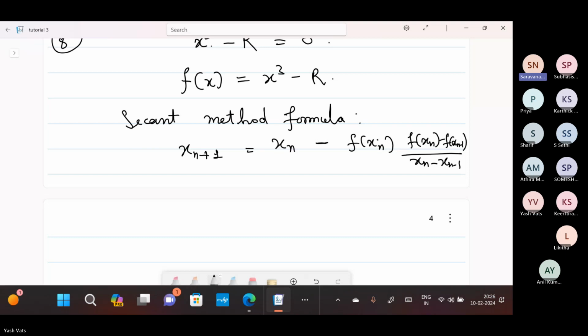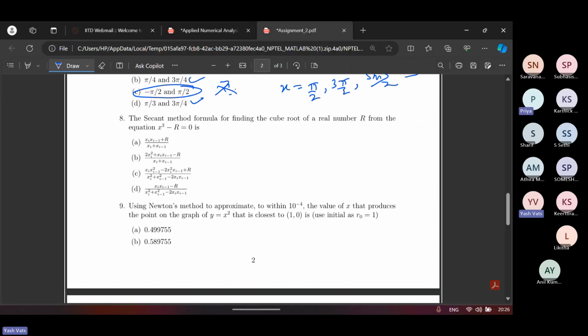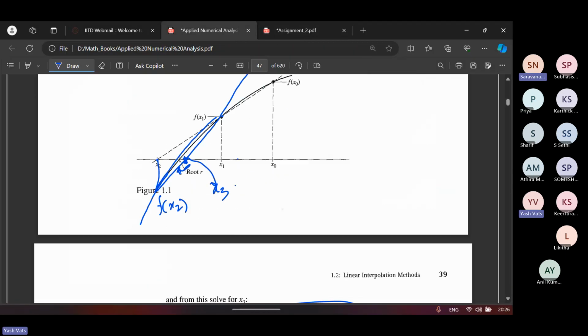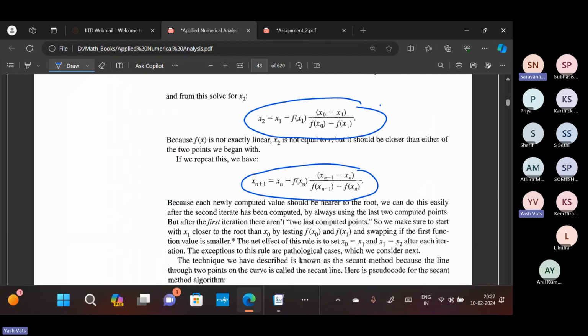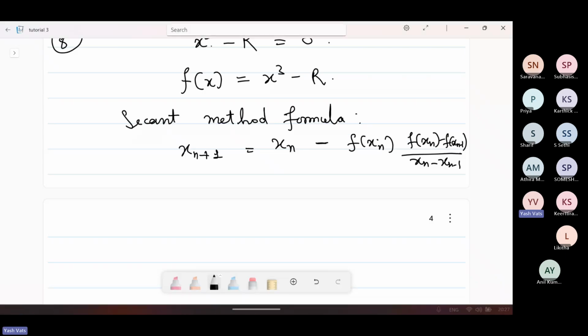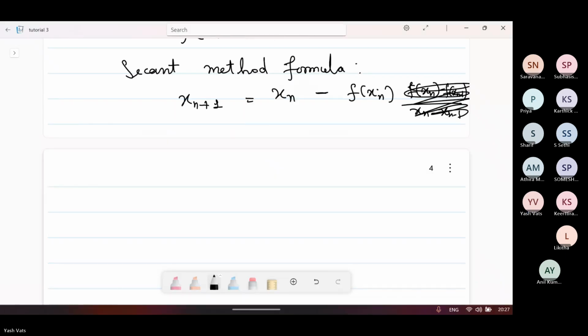No, I do not think it is that. f of x should be in the denominator, it should be reversed, right? Because f of x should be in the denominator. Now it's fine.